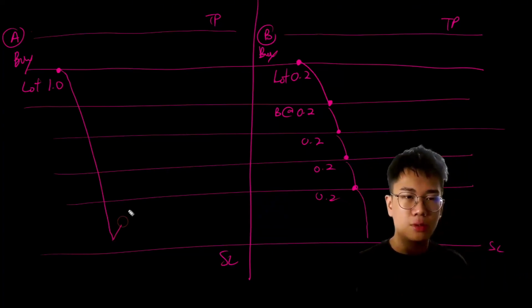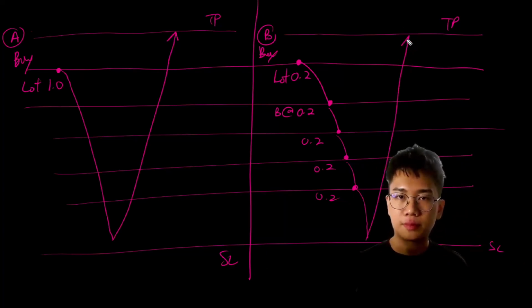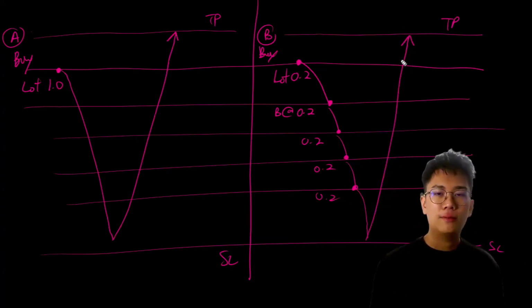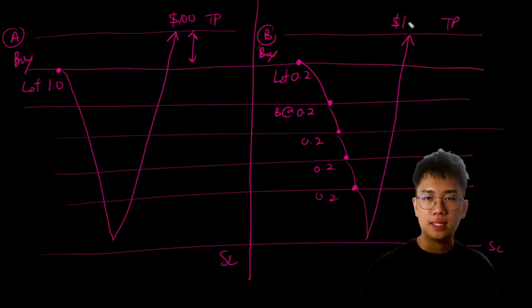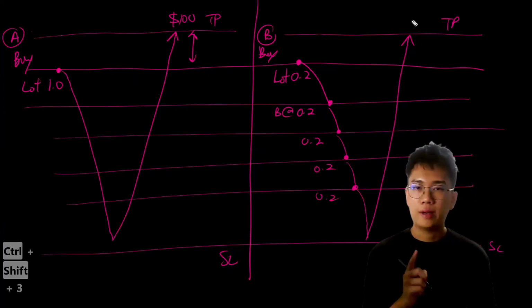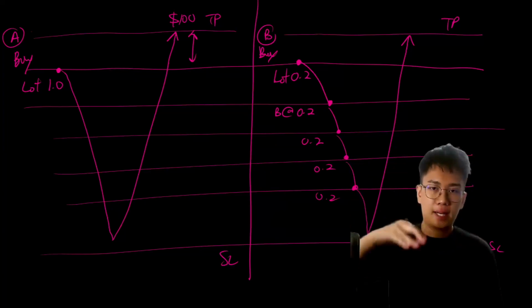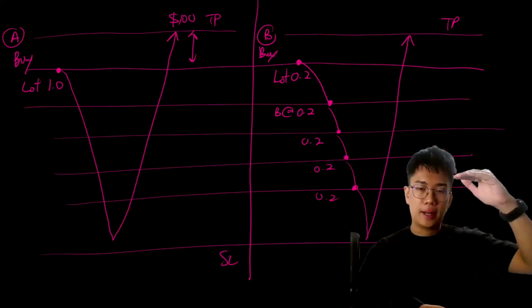Both A and B reach back to the same take profit line, and that ends up with the same result. Let's just say the same gap, within this gap is about $100. So both A and B are earning $100 as a TP. But B will have a different case, because B was entering with the dollar cost average. It is buying, distributing all the buys.